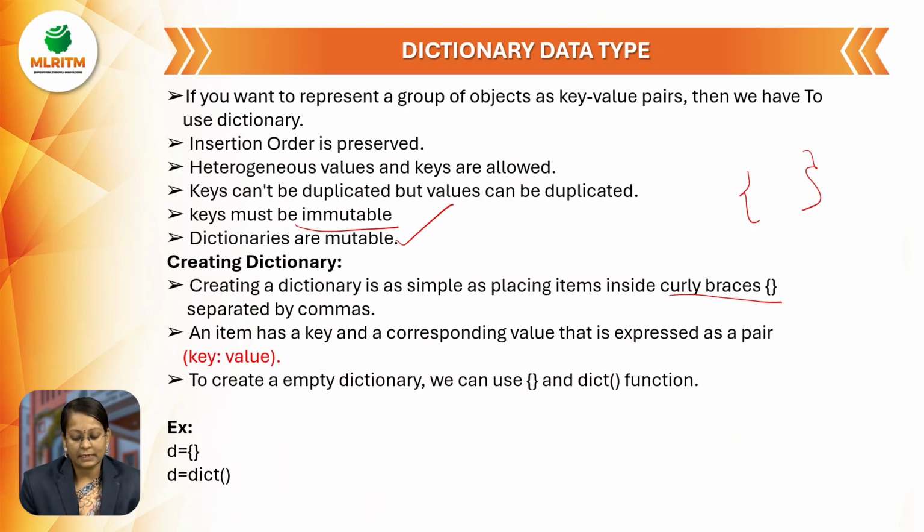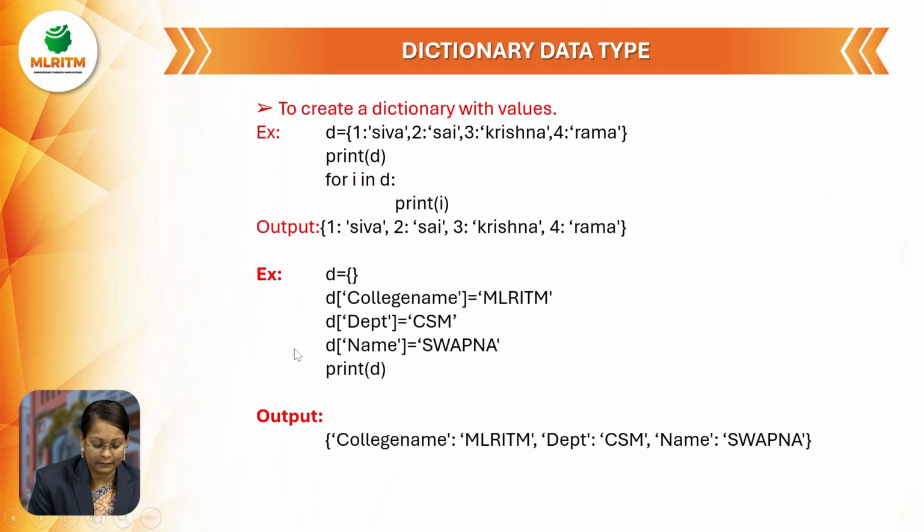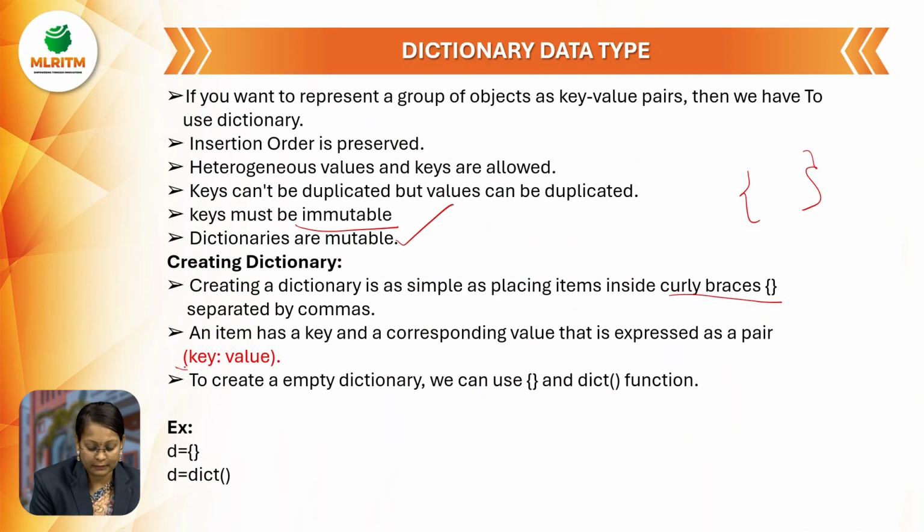An item has a key and a corresponding value, expressed as a pair. This is a key value pair, and this is how we represent key value pairs in a dictionary.